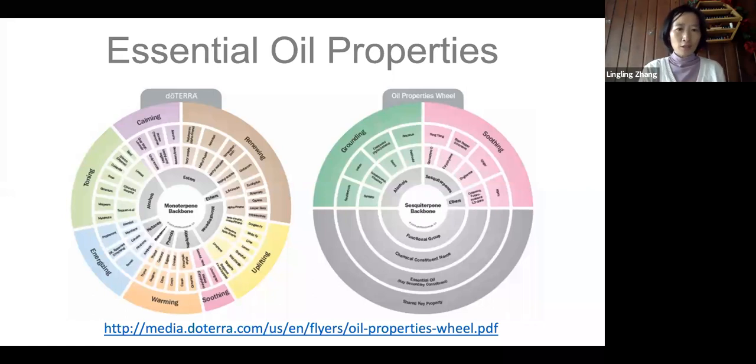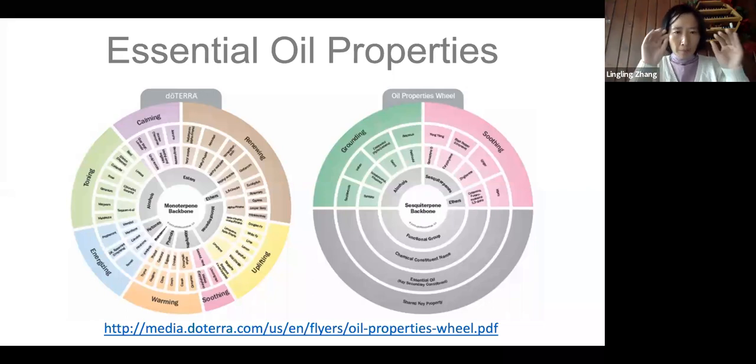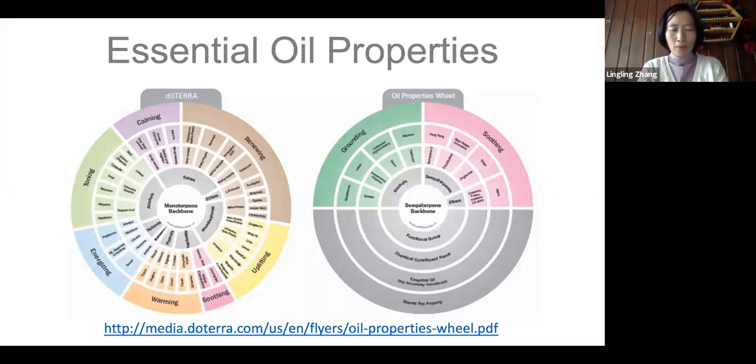The main active ingredient in lemon essential oil is the monoterpene limonene. In essential oil chemistry, I won't go over too many details, but basically there are two types of backbone. One is monoterpene, the other is sesquiterpene. Everything else is built on this backbone.